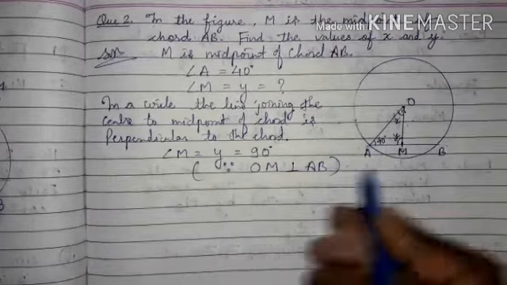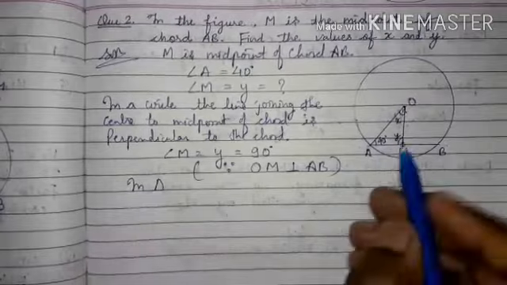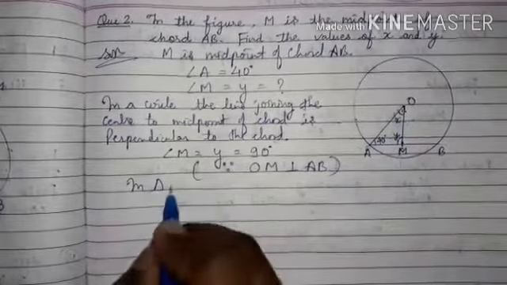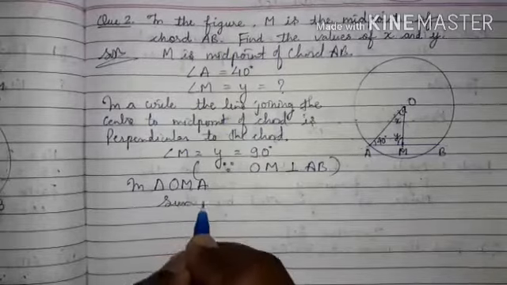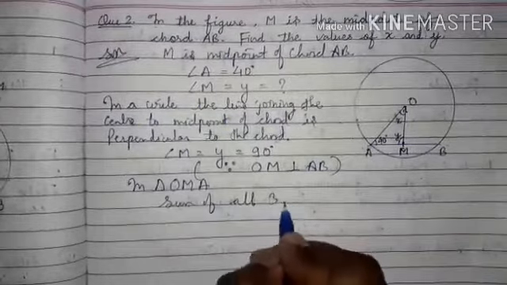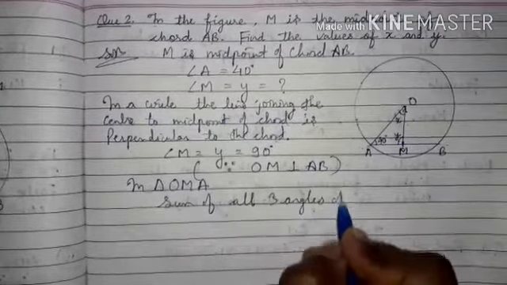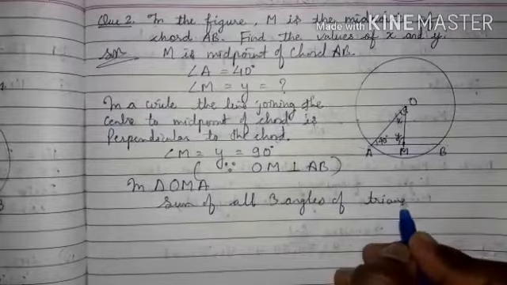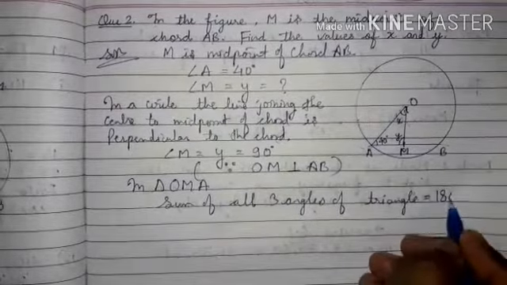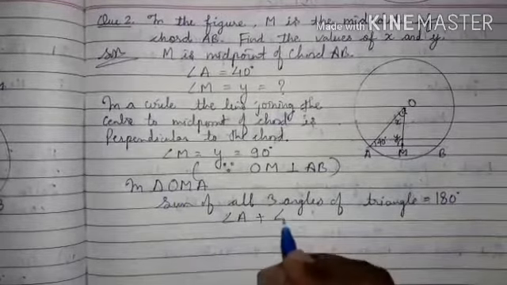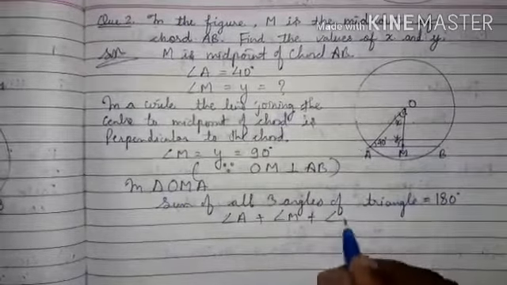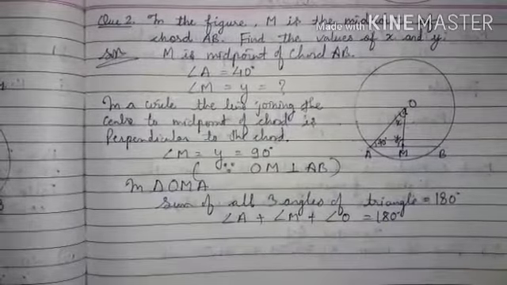After that, in triangle OMA, the sum of all three angles of a triangle is equal to 180 degrees. So angle A plus angle M plus angle O is equal to 180 degrees.